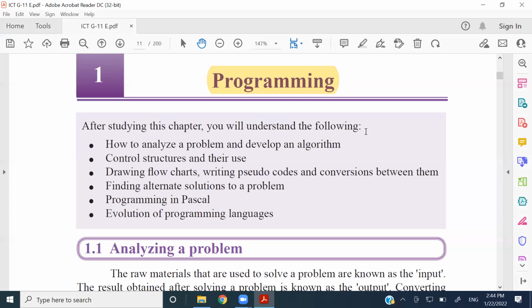So we can create different kinds of applications and programs and ask the computer to solve them for us. Our effort will be reduced, time will be saved, and we will live an easy life.